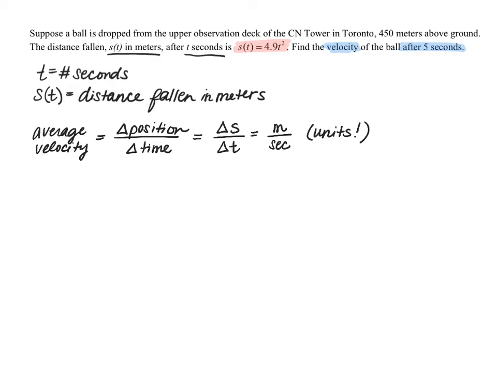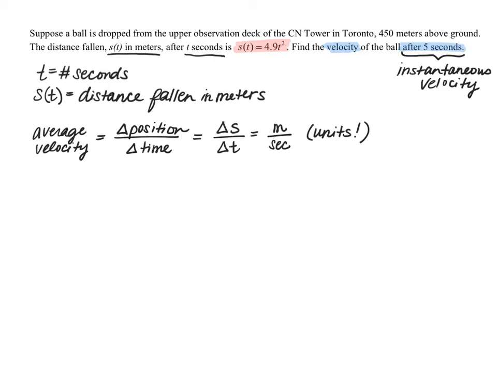Now, because we're being asked to find the velocity after 5 seconds, that's just at one specific time, so we're really being asked to find the instantaneous velocity. Typically, when we say find the velocity at 5 seconds or after 5 seconds, that's implied to be instantaneous.